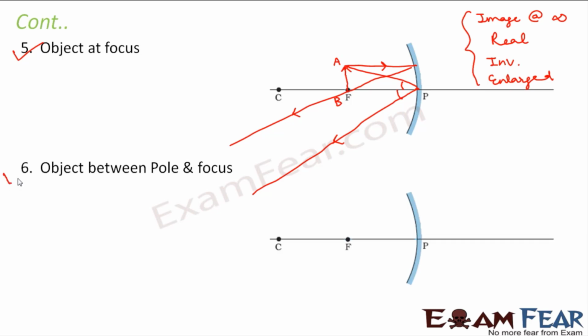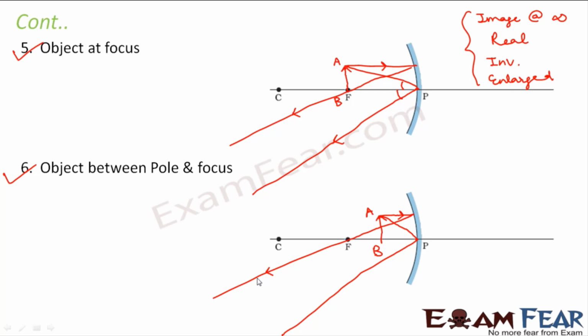Let us try to bring the object a little more closer. So let us place the object between the pole and principal focus. What happens in this case? A ray of light parallel passes through the principal focus. Another ray of light falls on the pole obliquely and then goes back. In this case, what do we see? The two rays don't go parallel. Instead, they diverge away from each other.